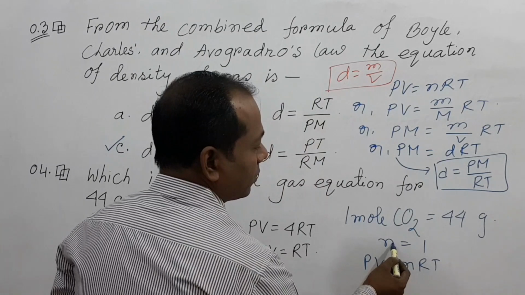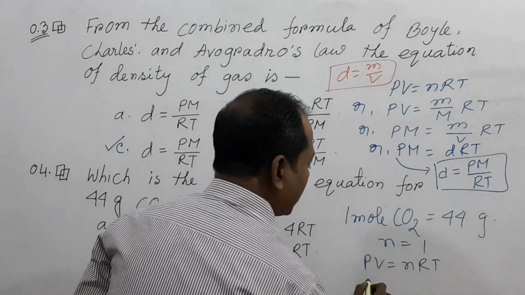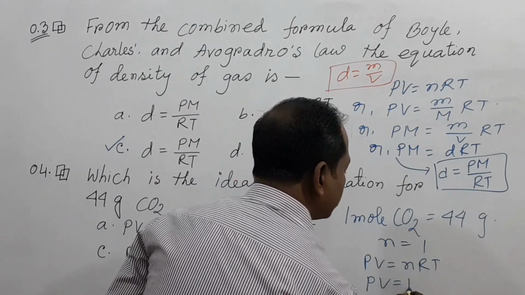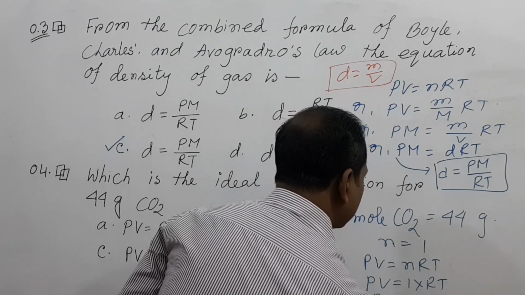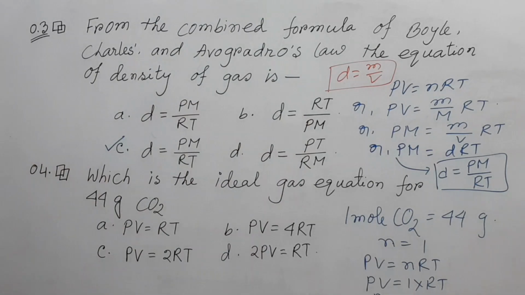If we put the value of n equals 1, then we get PV equals 1 times RT. That means PV equals RT. And for this case, we can write the answer is A, PV equals RT.